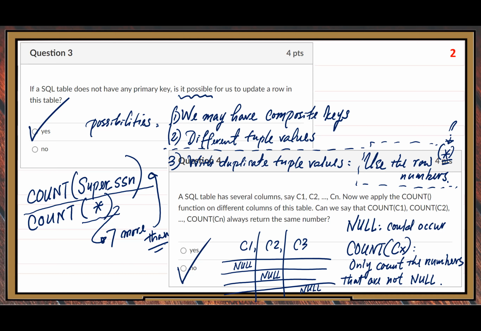If I give you that condition, no null value is allowed in those columns, then you can say same. Otherwise, including the null value factor, it could be different.